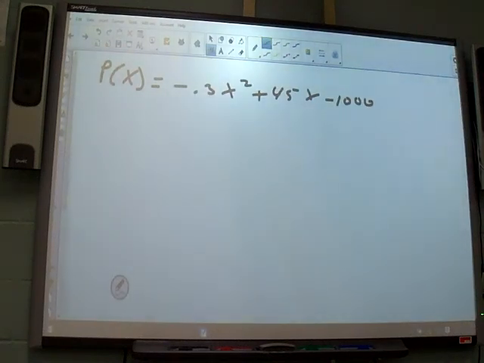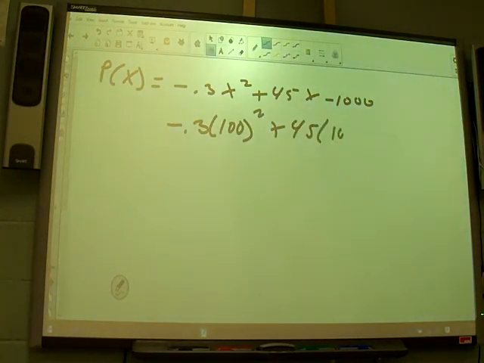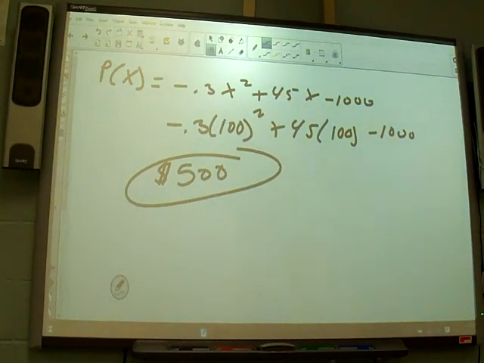What will be its profit if they sell 100 games? So it said x is the number of games, so all you have to do is plug 100 in for those x's and let your calculator do the math for you. So you've got negative 0.3 times 100 squared plus 45 times 100 minus 1,000. Then you just type all that in, and I found out that if they sold 100 games, they made a profit of $500.